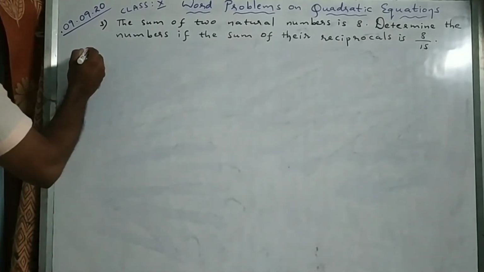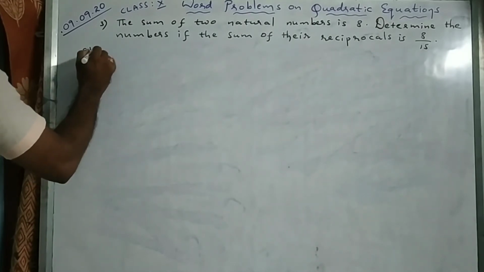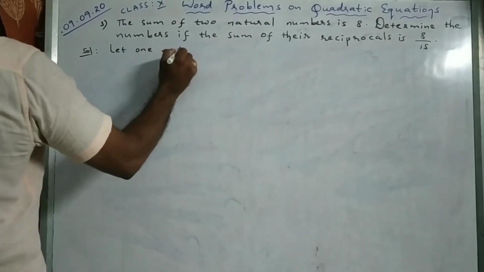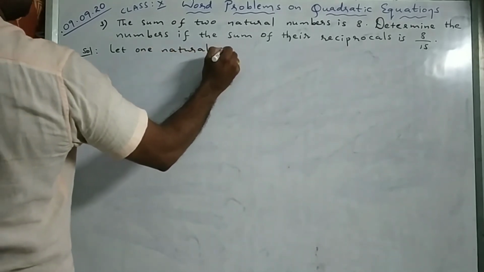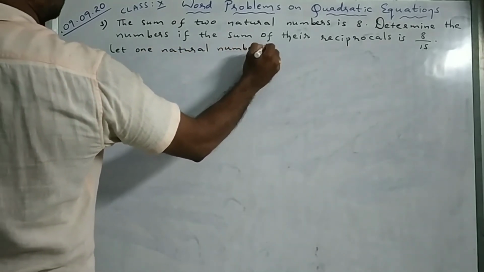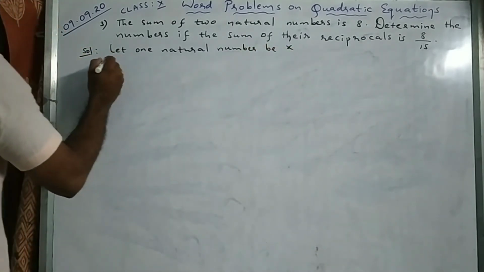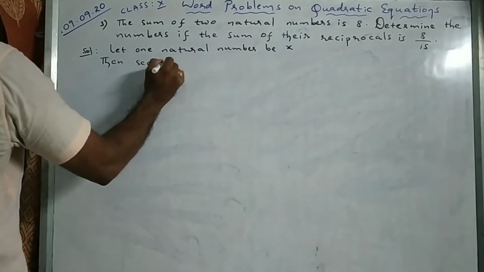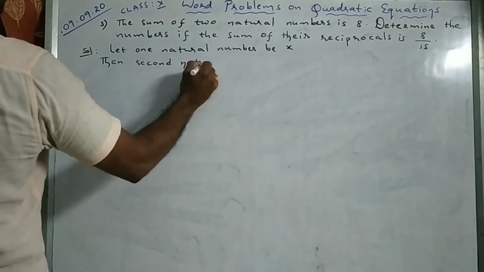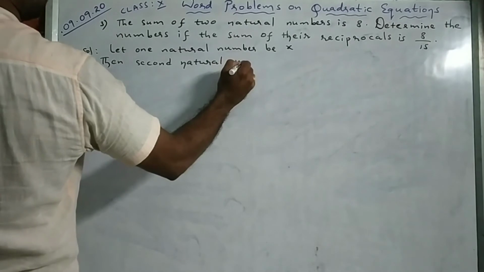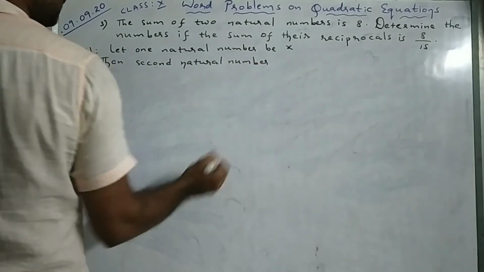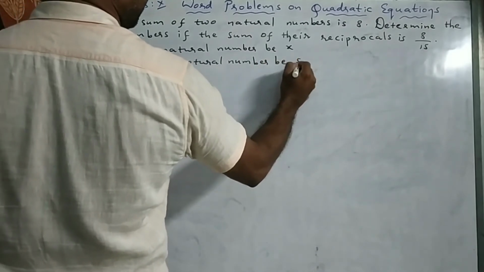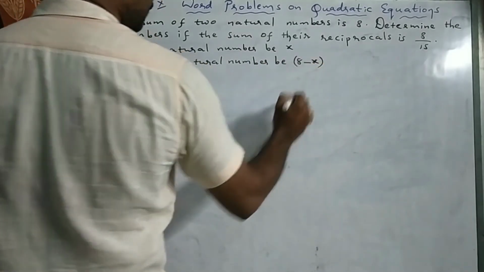The sum of two natural numbers. Let one natural number be x, then the second natural number will be how much? 8 minus x, right?